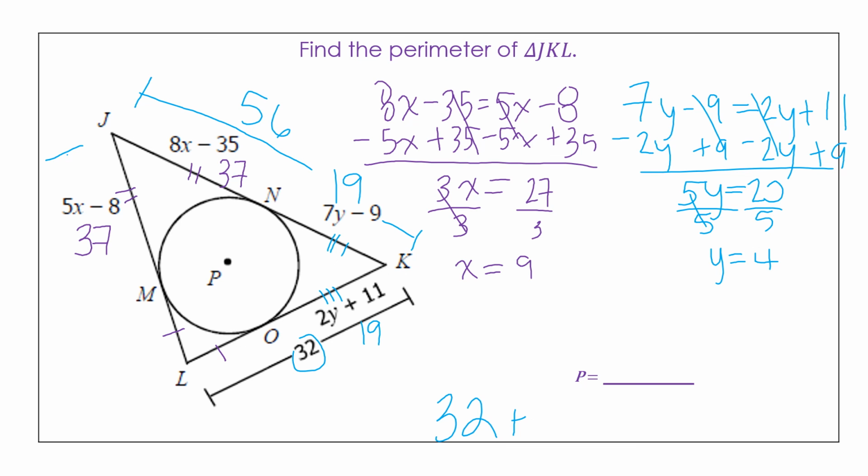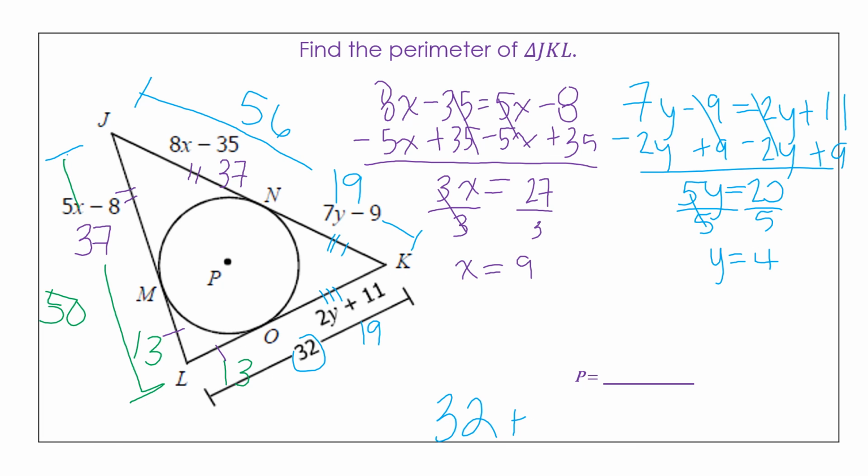Okay, but what I do know is I can find OL. If LK, the whole segment, is 32, and I just figured out that OK is 19, I can do 32 minus 19, and that will give me the length of OL, which would be 13. And then that would make ML 13 as well, which would then make the whole length of that segment 13 plus 37, so that would be 50.